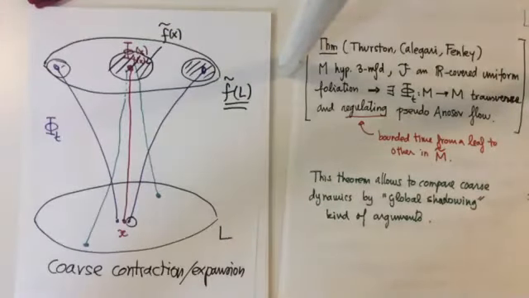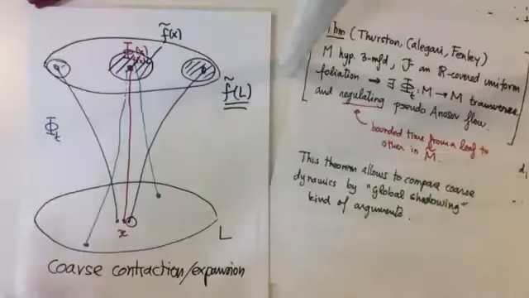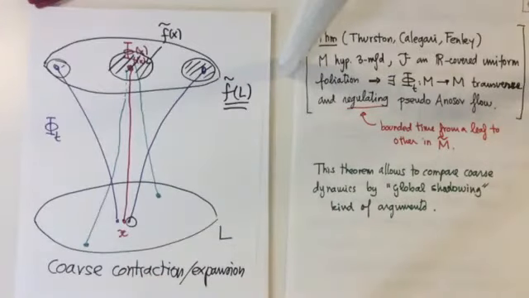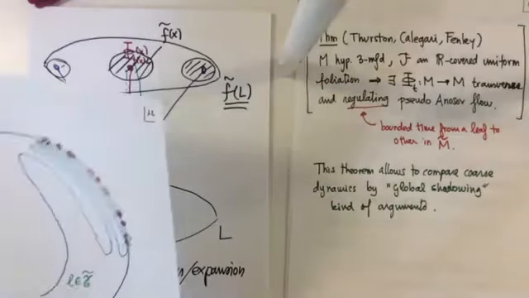Heuristically, this will allow you to do essentially the same things as you do with the global shadowing kind of arguments in pseudo-Anosov dynamics.